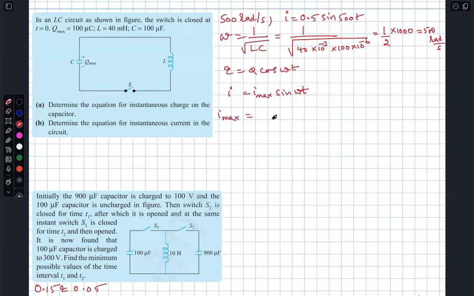I max is omega Q. Omega is 500 and Q is 100 into 10 power minus 6, so this is 50 milliamps, the maximum current. So that's all, I've done everything.